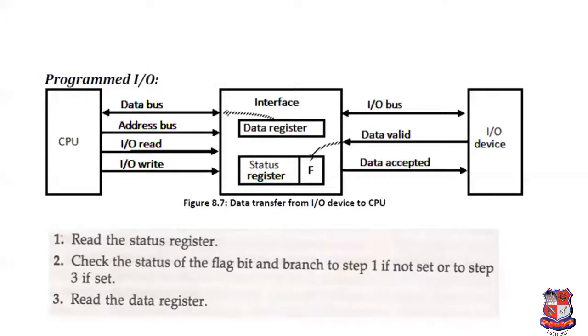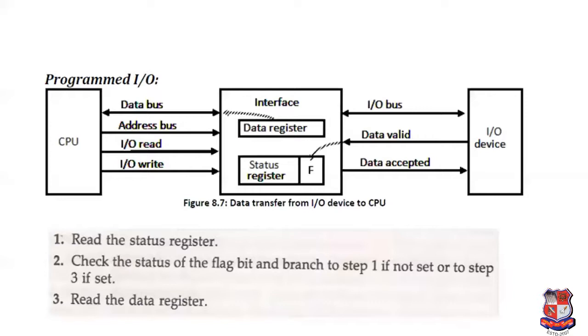Now, it can read the status register, it can check the status of the flag bit, and it can branch to step 1, that is, read the status register again if the flag is not set, or to step 3 if it is set. Step 3 is to read the data register.